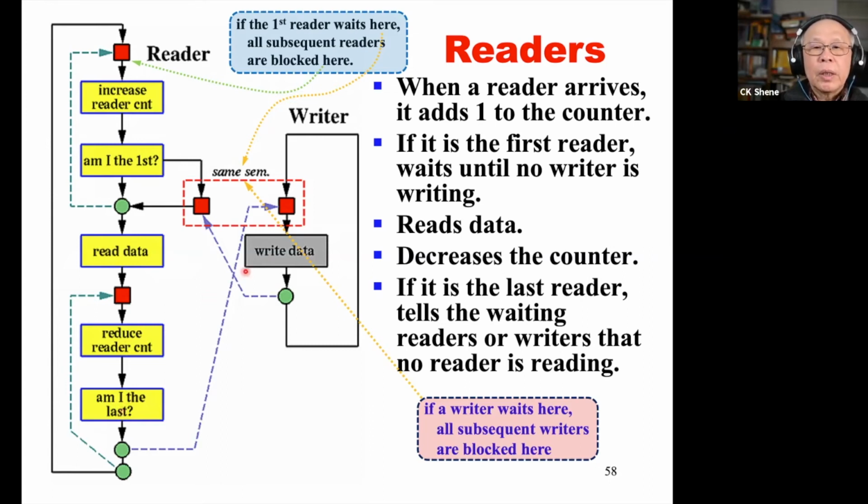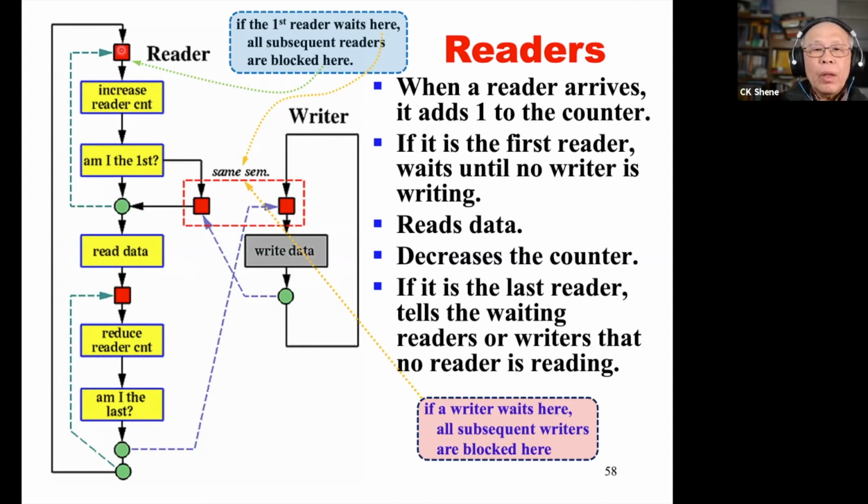Here, the key point is if there is a writer writing, a newly coming writer will be blocked here. And if there is a writer writing, the first reader would go through here, here, and here, and be blocked here. Once the first reader is blocked here, all subsequent readers will be blocked here.